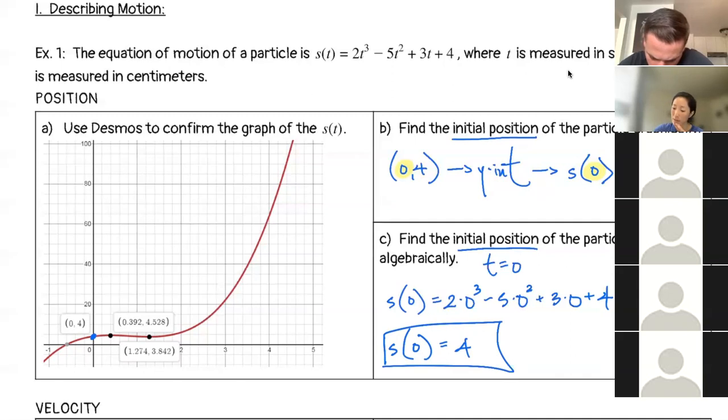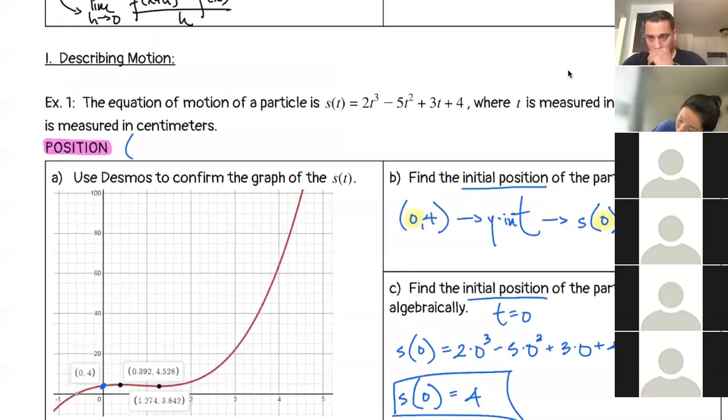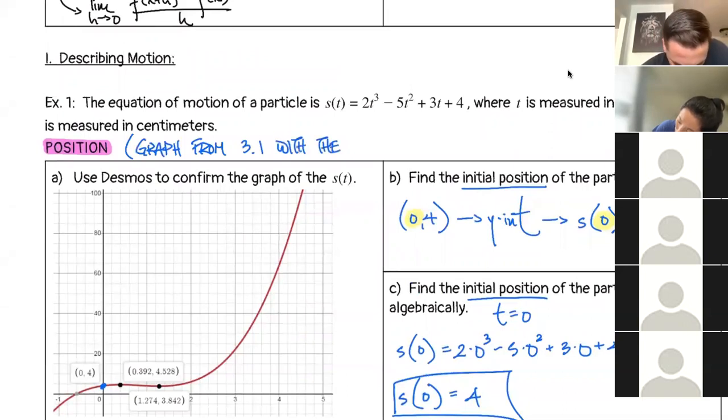Now this, I want to be really, really clear about this. This is a graph of position. So this tells us where a particle is at any given moment in time. Okay. This is actually very similar to the graph from 3.1 with the two runners.